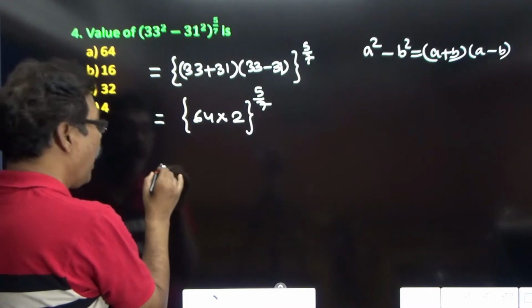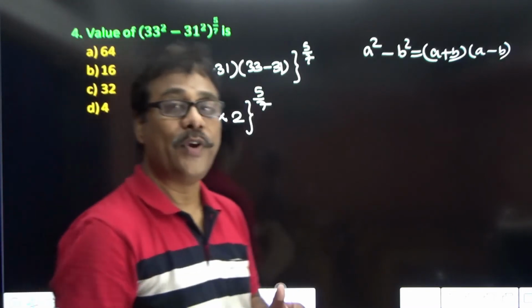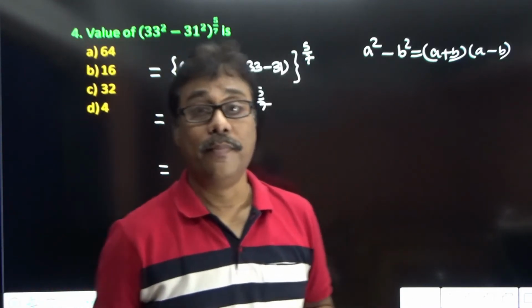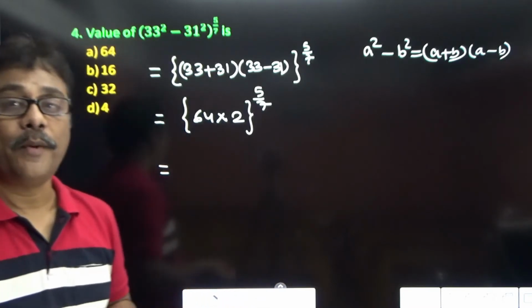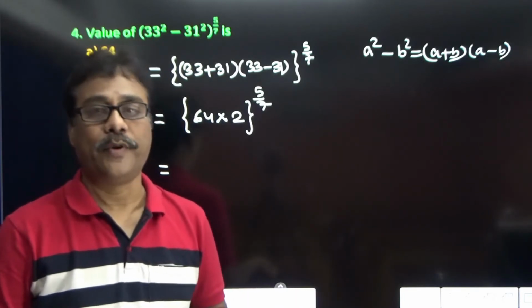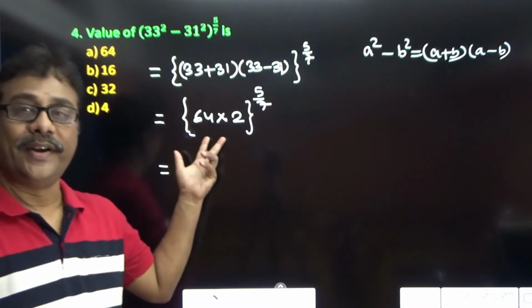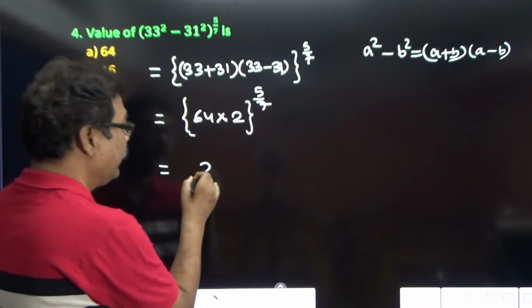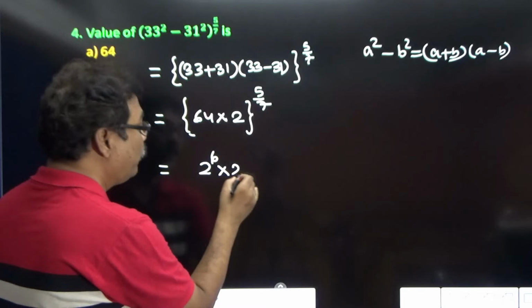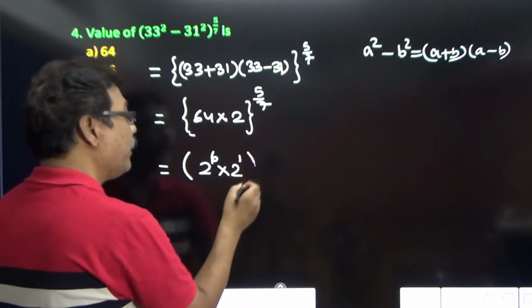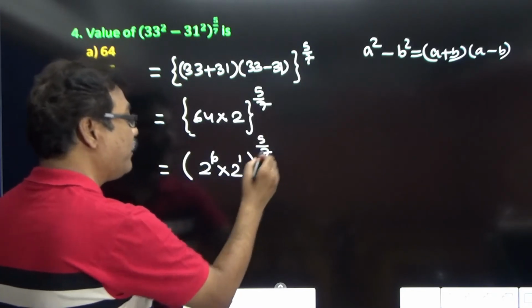Now you see, my aim is always to write an expression with a bigger value in terms of prime numbers, that is small values. The 64 can be written as 2^6, and this is only 2, meaning 2^1, whole to the power 5/7.